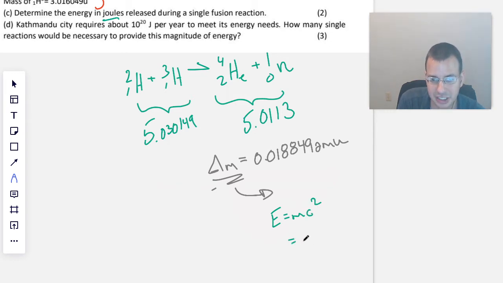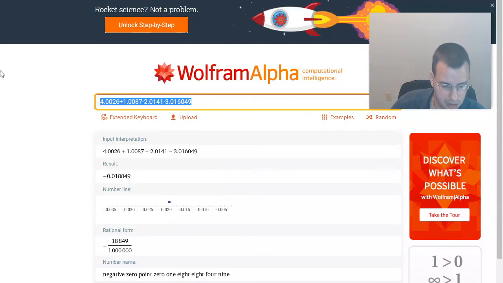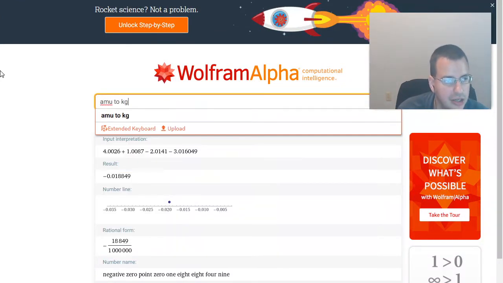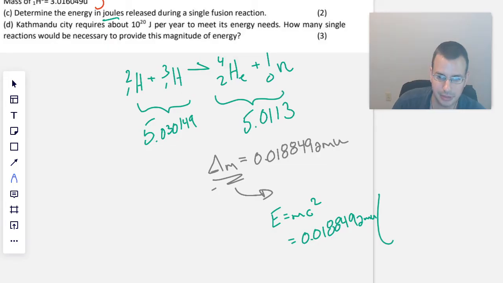Our mass is going to be 0.018849 atomic mass units. And we want to convert this over to joules. So we'll do Wolfram Alpha. Let's look at AMU to kilograms. And 1 AMU is 1.66 times 10 to the negative 27th kilograms.